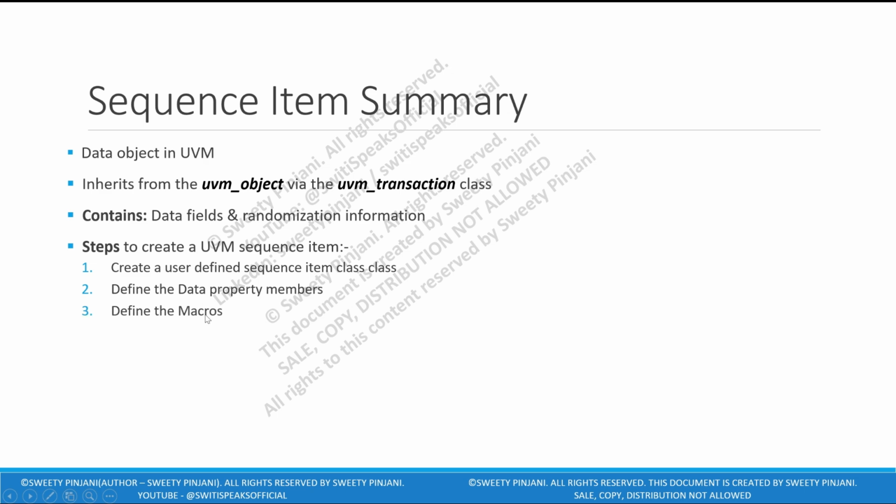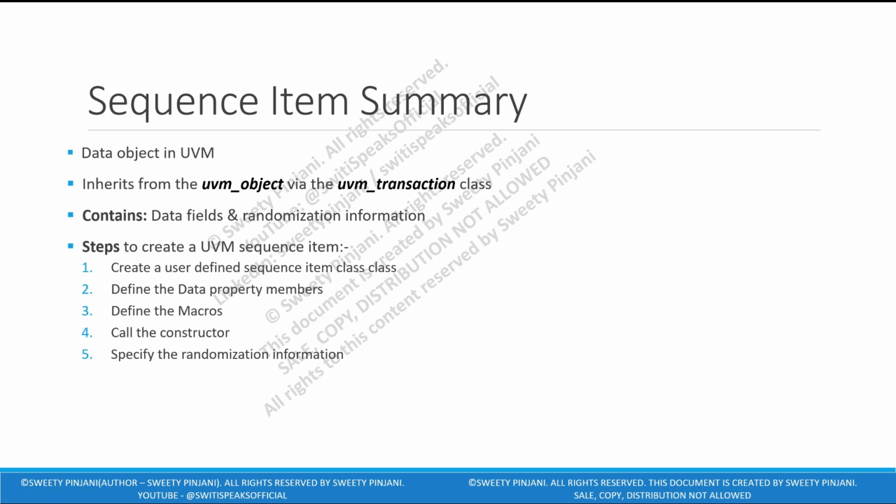Then you have to define the macros, which will be utility macros and field macros. Field macros are always enclosed inside utility macros. Since sequence item is an object, you will use UVM object utils macros. And then you have to call the constructor new. Since it's an object, it will take only one argument, which is name, and then specify the randomization information. This is how you can create a user defined sequence item.